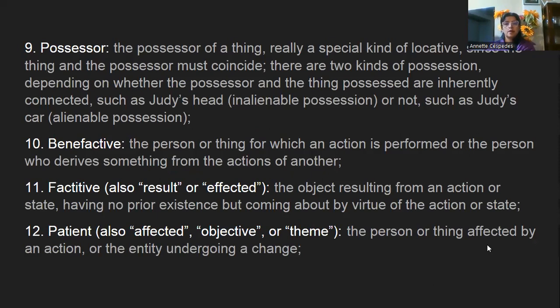Now, the possessor. The possessor of a thing is really a special kind of locative. Since the thing and the possessor must coincide, there are two kinds of possession, depending on whether the possessor and the thing possessed are inherently connected. Now, let's talk about the benefactive. The benefactive is the person or thing for which an action is performed, or the person who derives something from the action of another.